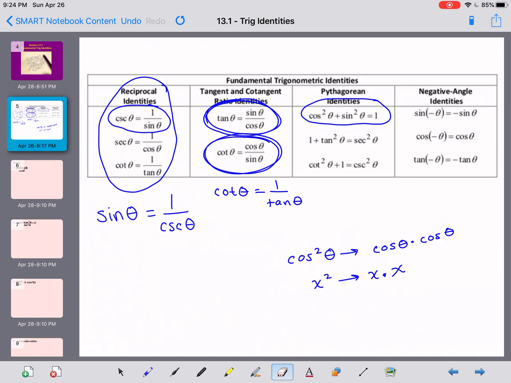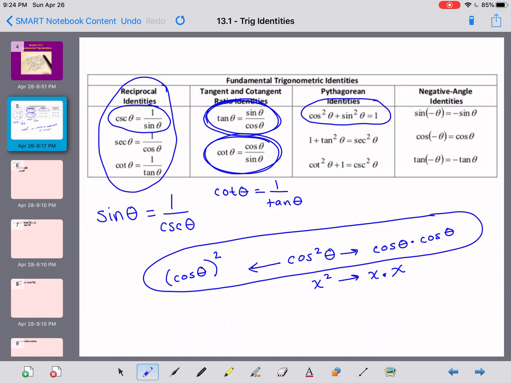So cosine squared theta is equal to cosine times cosine. I don't think you're going to see this, but just in case, the other way you could write it is cosine of theta squared in parentheses like that. This all means the same thing. Okay, so those three things are equivalent to each other.